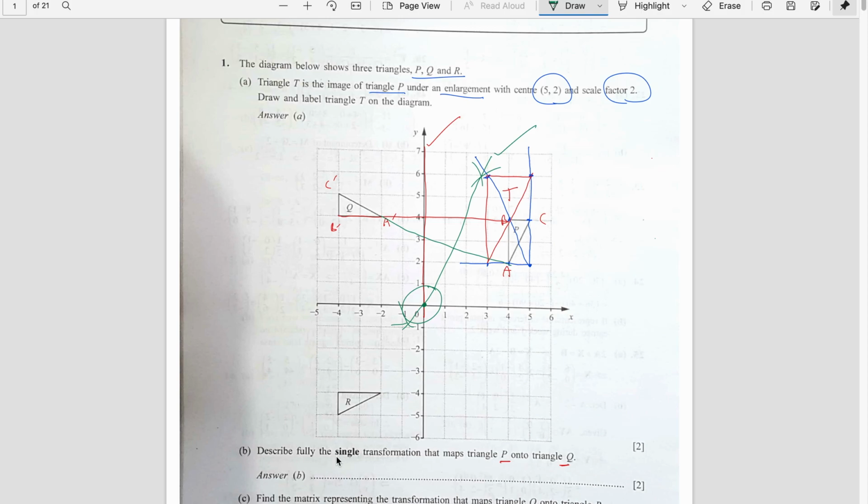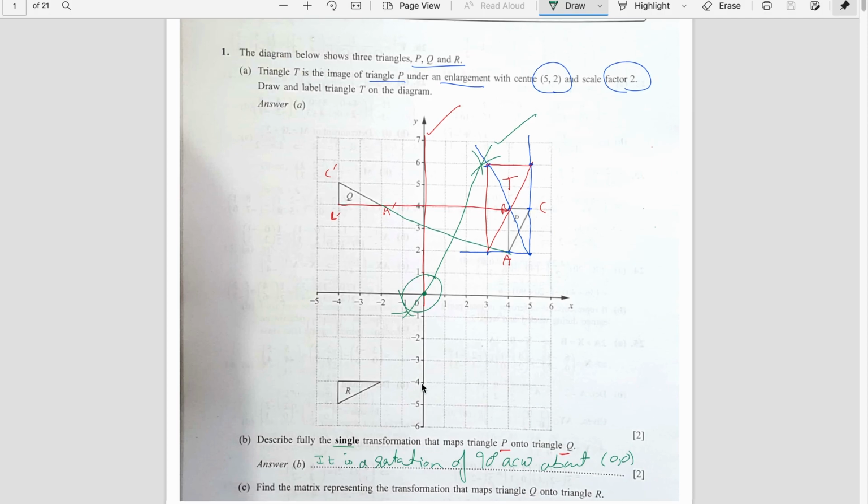So describe fully the single transformation. So we say it is a rotation of 90 degrees anti-clockwise about 0, 0, about origin or about 0, 0.